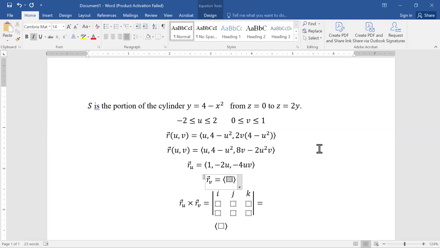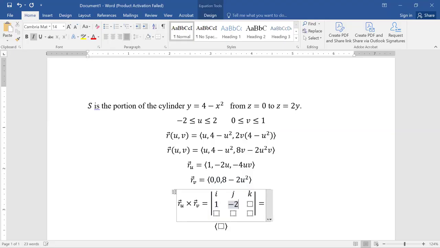Now, when I take the derivative with respect to v, the x component becomes 0. The y component also becomes 0. And the z component becomes 8 minus 2u squared. So now I'm going to take the cross product of those two things.